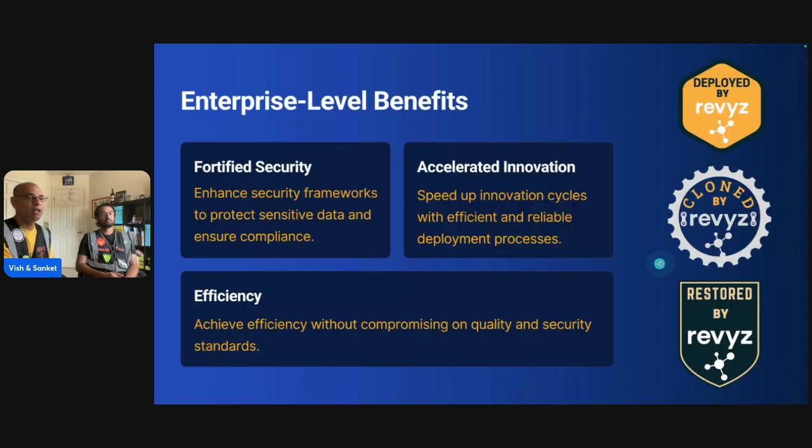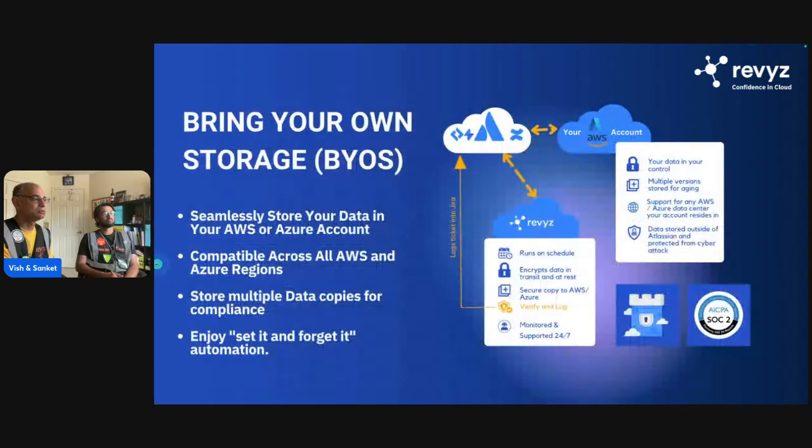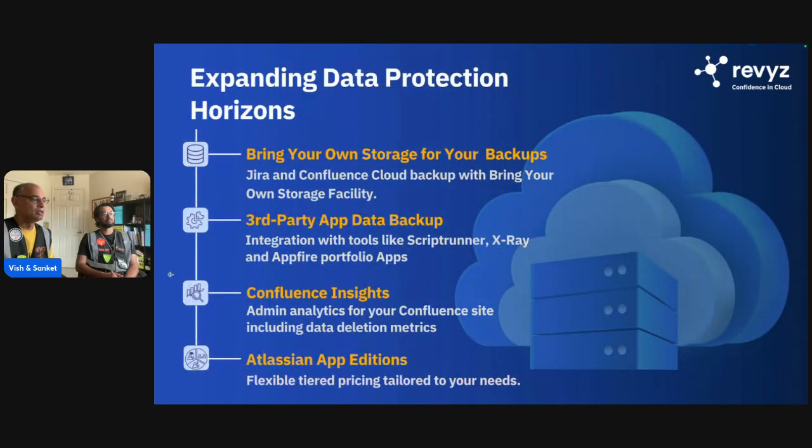And maybe the last part, just to reiterate, we are also going to be supporting Atlassian app editions. We probably can't talk too much about it, but we've already built in support in our apps for the app editions capabilities, which are going to be rolling out over the next, I guess, 6 to 9 months.